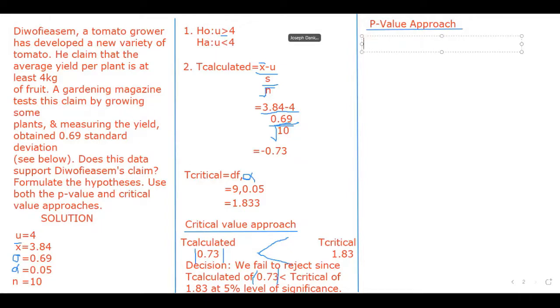So really, p-value versus alpha. So we know alpha to be 0.04. So we are going to use the 0.73 here. It's minus, but use the absolute value, 0.73. So let's move on to the slides.